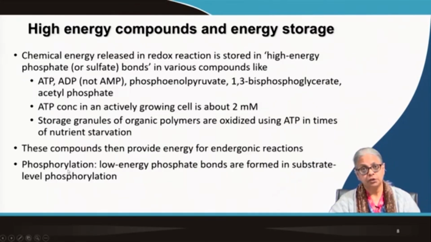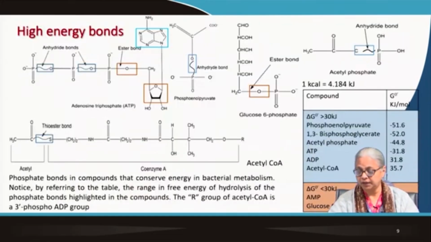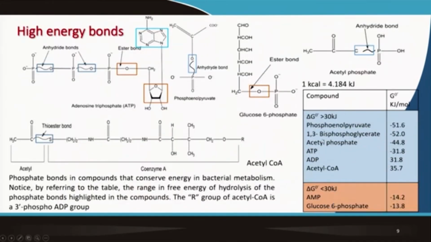And then finally we have phosphorylation. So low energy phosphate bonds are formed in what is called substrate level phosphorylation. So you have glucose 6 phosphate. So in this slide you can see the low energy bonds. They have delta G0 values less than 30 kilojoules. So AMP, adenosine monophosphate, and glucose 6 phosphate are low energy bonds. The high energy bonds are all shown over here.